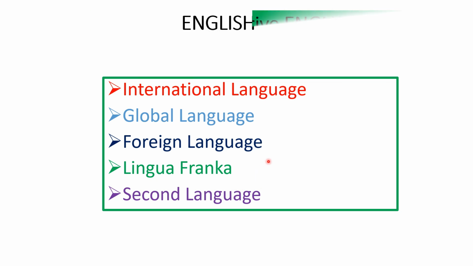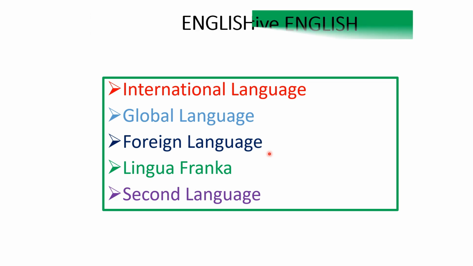So, dear learners, you are going to be an engineer, and you know that the language of the engineer must be English. Without English, you cannot be a best engineer. You cannot achieve a good job. You cannot achieve a good position.